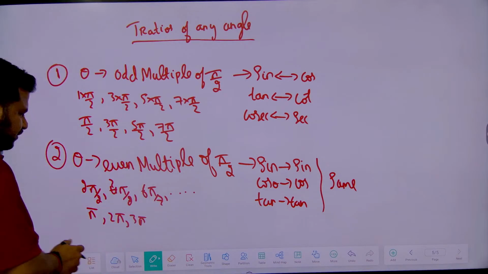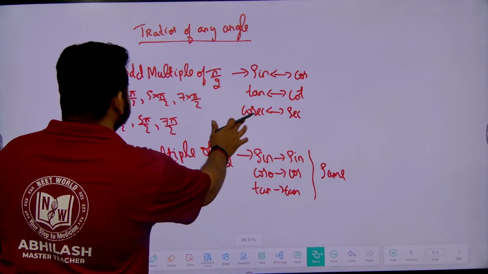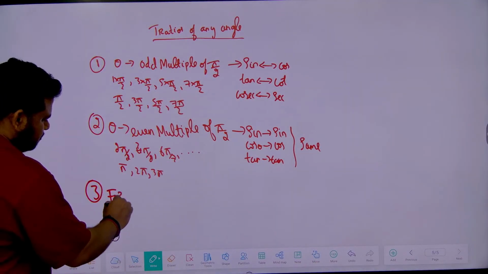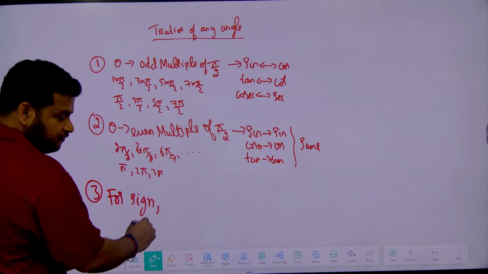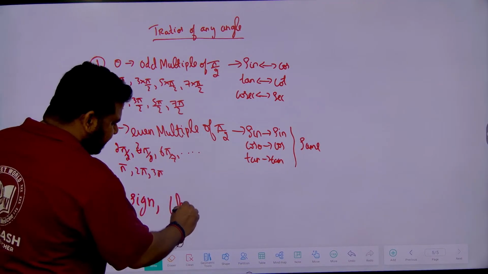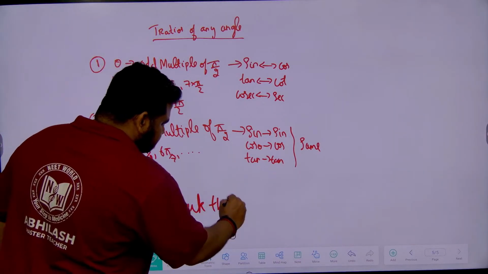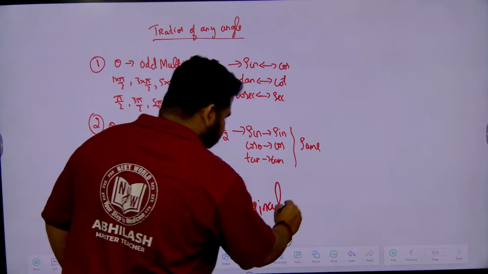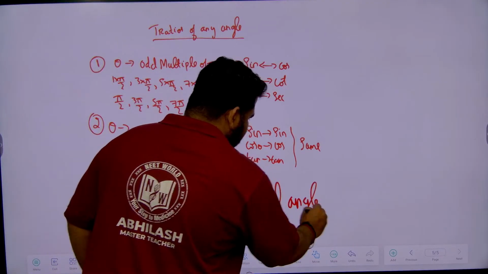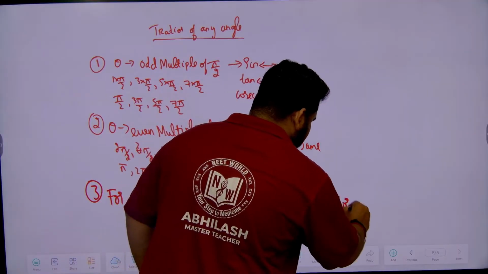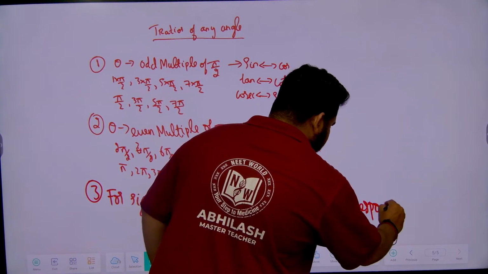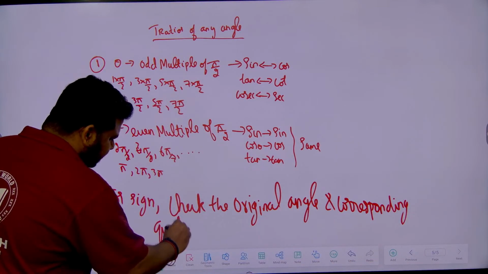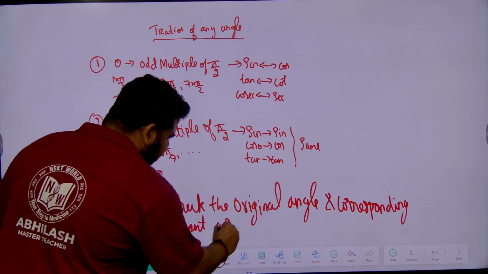For the sign, I am talking about plus or minus, not sin theta. What you should do is check the original angle and the corresponding quadrant as per the ASTC rule.